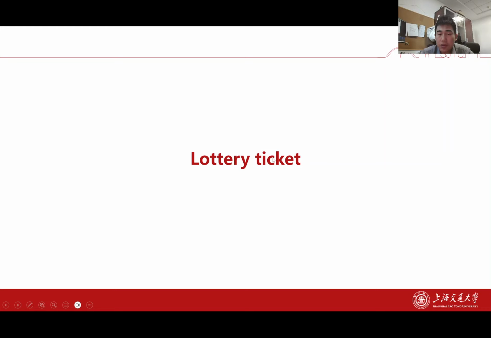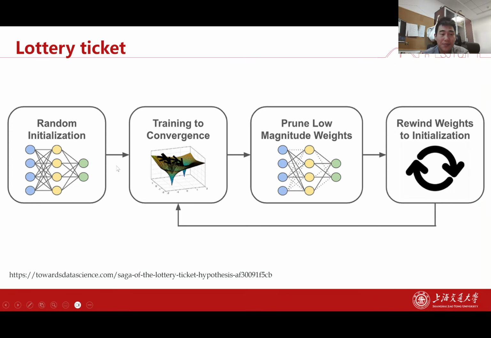Lottery ticket is also a very interesting phenomenon. It says that in the neural network, we may have a subnetwork which is very lucky. How lucky is it? We randomly initialize the neural network, with each parameter randomly sampled from some Gaussian distribution or uniform distribution.